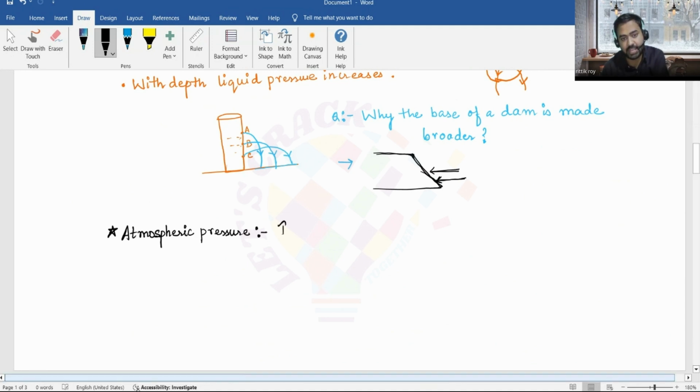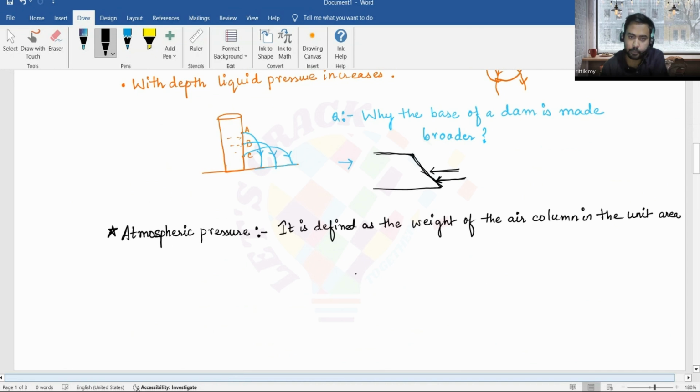It is defined as the weight of the air column in the unit area above that point.